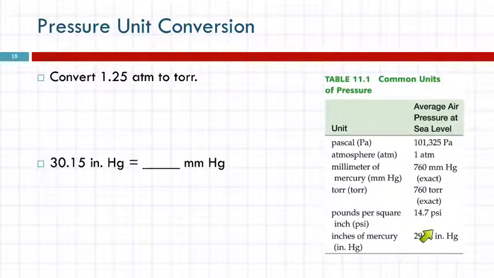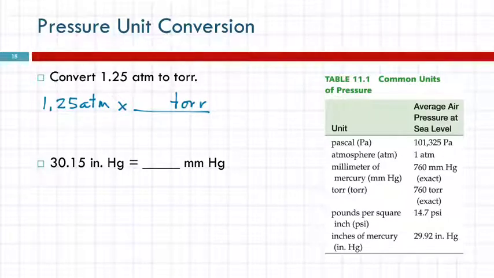All of these are equal to each other, and so you can just go from one to the other. So 1.25 atmospheres, and I'm going to go to torr. I need 1 conversion factor. Torr goes on top, ATM's on the bottom. Then I find the relationship. 760 torr is equal to 1 atmosphere.